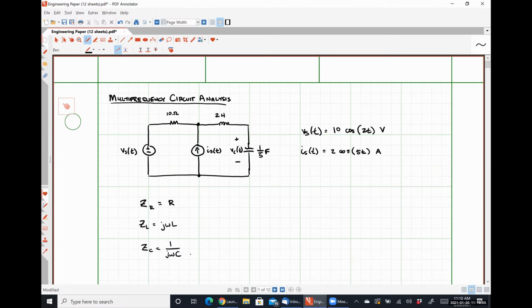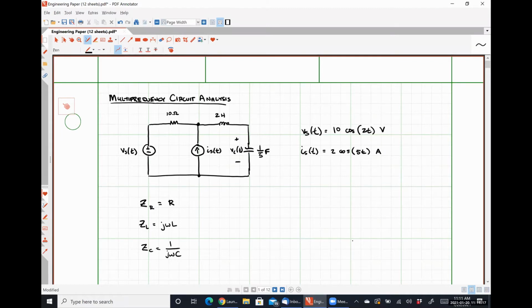So how we're going to be forced to analyze any circuit containing capacitors or inductors that is excited at multiple frequencies is by using simply superposition. If we turn off all the sources associated with one particular frequency and analyze it with the others, we should be good to go.